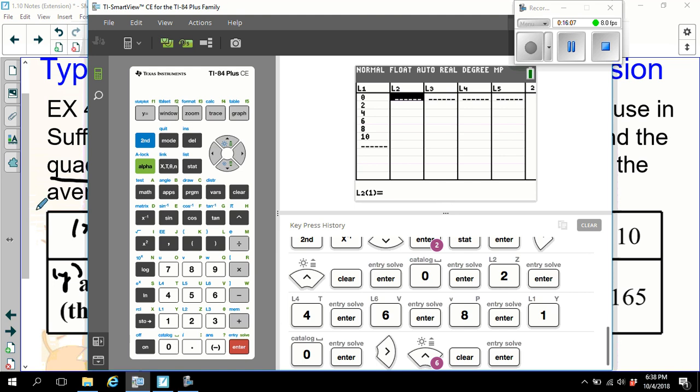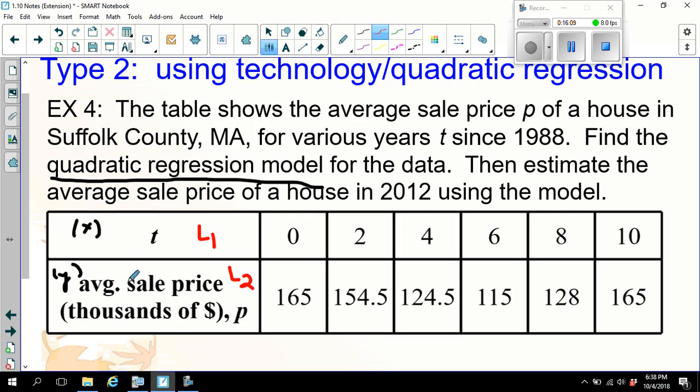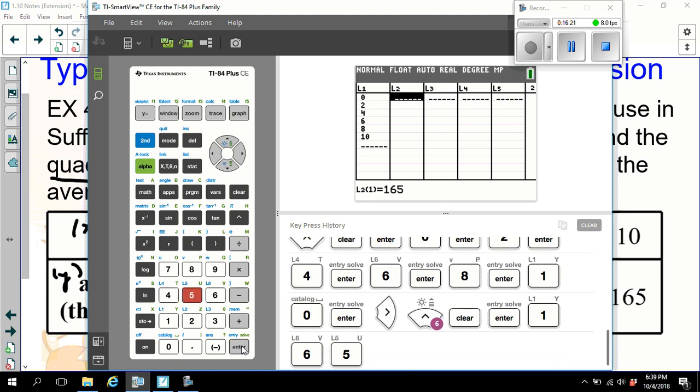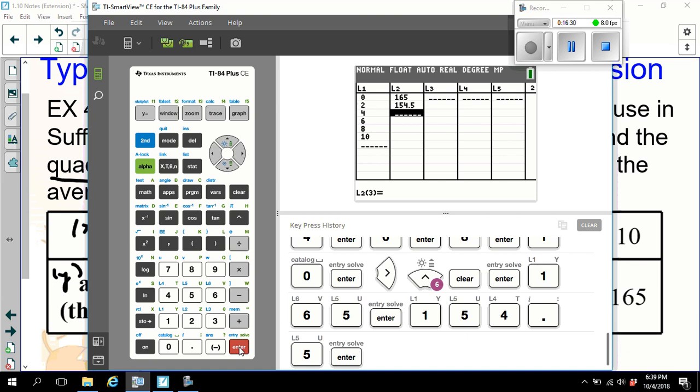Okay, so remember our L2 is the sale prices. So we're going to plug in these values that we see in the table. So we're going to plug in 165. Don't forget, press enter after each number you plug in. Then 154.5, press enter.